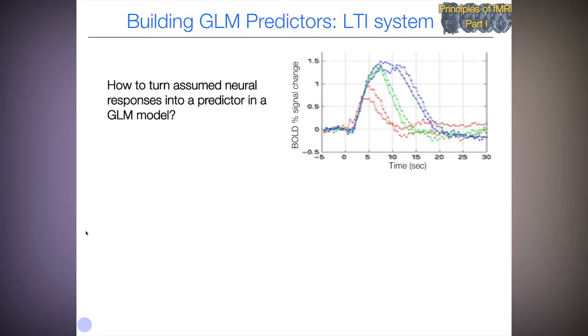Now, how do we turn our onsets, or our estimated neural events, into a regressor? So this is a picture of some neural responses to varying trains of events, from checkerboard flashes of one event to event 5, 6, 10, and 11. We've seen this before.